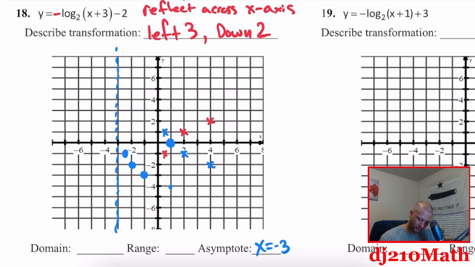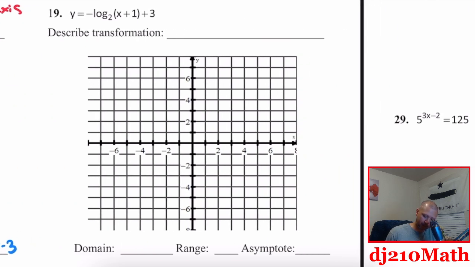Here. Here. Okay, connect the dots. All right, domain, asymptote towards infinity. Range, all real numbers.